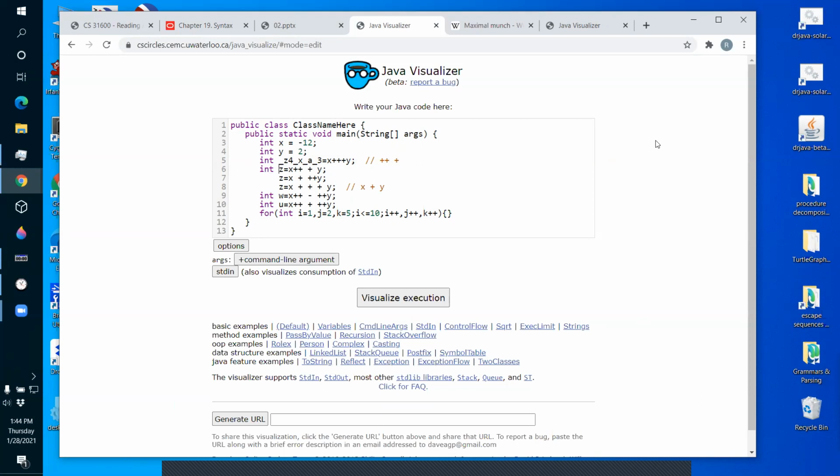Then an int token, a Z token, an equal token, an X token, a plus plus token. So the tokenizer famously removes comments. It keeps the punctuation, but it removes the comments. They're treated like the white space.